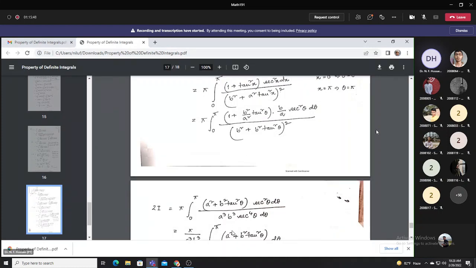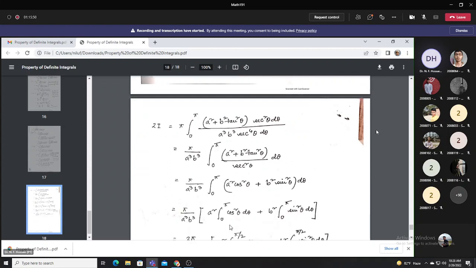Now one sec square theta is cancelling out. So in the upper part you have a square plus b square tan square theta, in the lower part a cube b cube. Take this a cube b cube outside: pi by a cube b cube, and here a square plus b square tan square theta divided by sec square theta d theta.